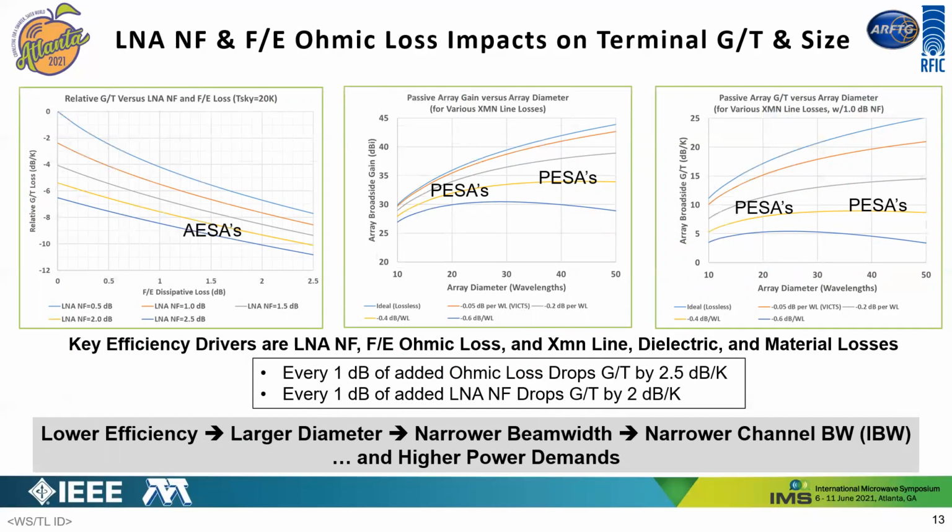Clearly, the ohmic losses and the LNA noise figure are highly leveraged in the efficiency and therefore the size of phased arrays. And that increased size can have additional downsides, including narrower antenna beam widths, which are more difficult to point, narrower channel bandwidths, which comes from the beam squint phenomena, and higher power demands, which we'll talk about in the upcoming charts.